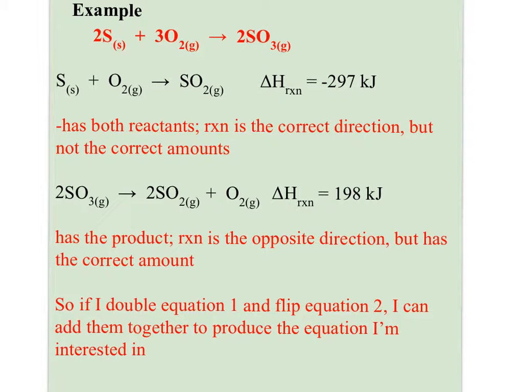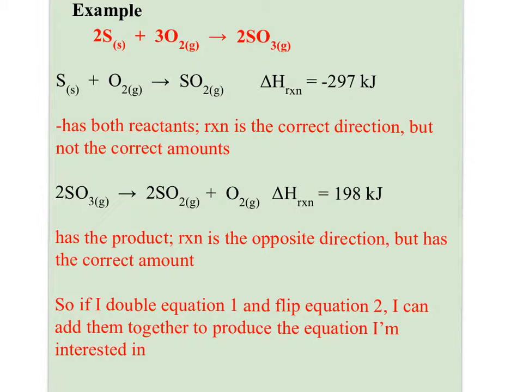So let's look at these two equations more carefully. I've got my desired equation at the top. In the first equation, sulfur plus oxygen yields sulfur dioxide, both sulfur and oxygen are reactants I need. Sulfur dioxide isn't something I need, but that will take care of itself, hopefully.